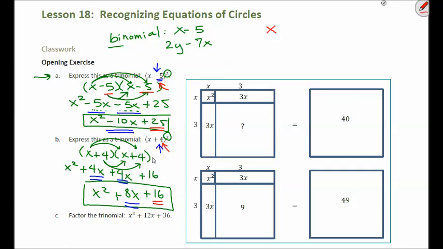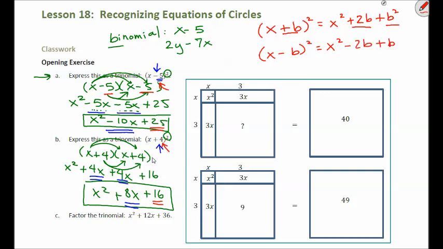If I have x plus b, squared, what that'll equal is x squared plus 2bx plus b squared, meaning this middle term is by doubling this, and the last term is by squaring it. Now, if you want the negative version, x minus b squared is equal to x squared minus 2bx plus b squared.